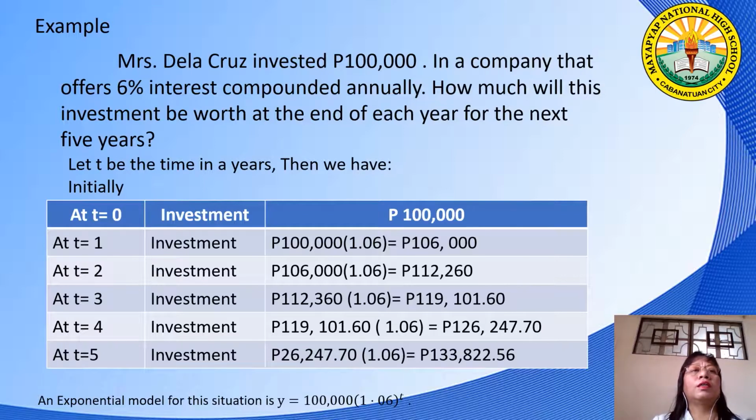So in this exponential model, in this equation, our A equals 100,000 multiplied by 1.06 raised to T, where T refers to the number of years.